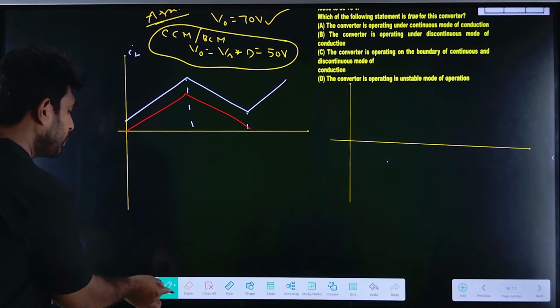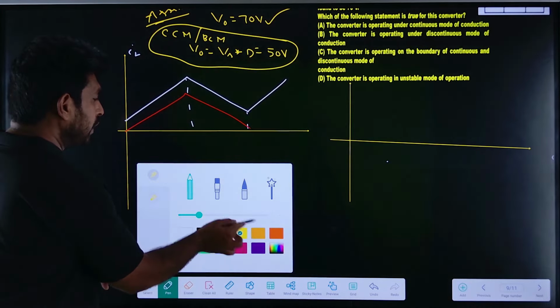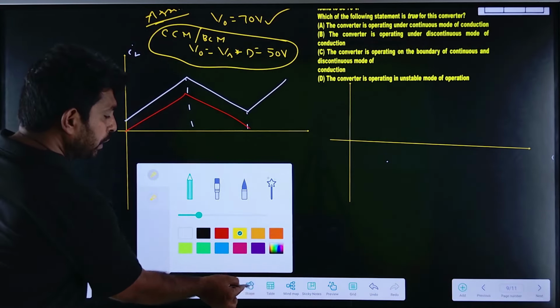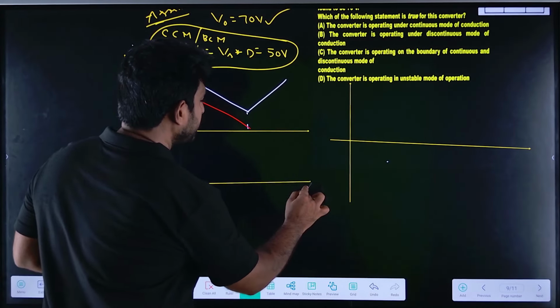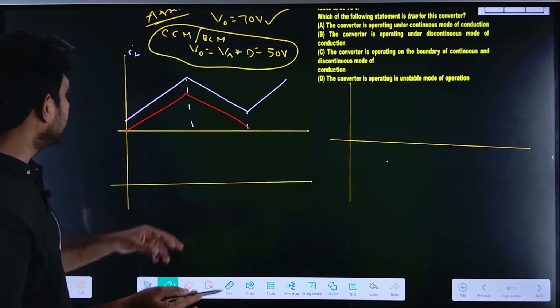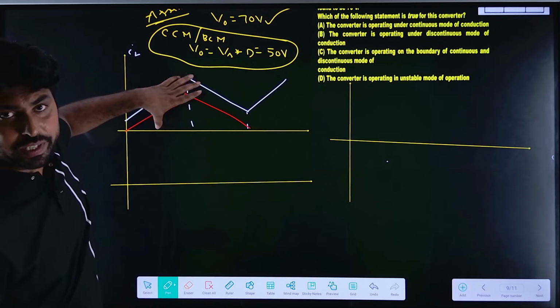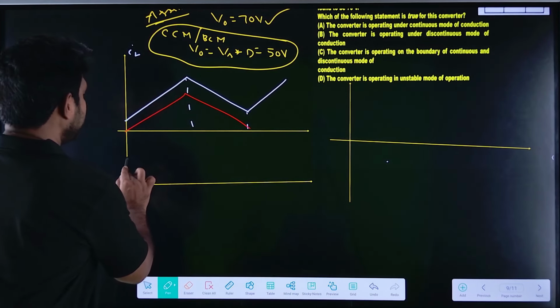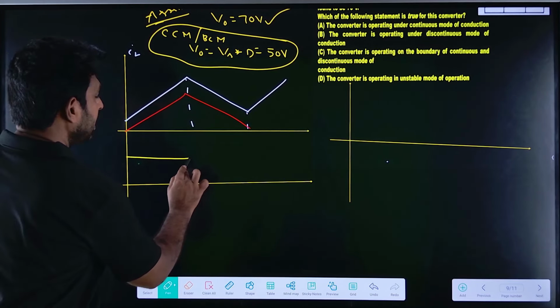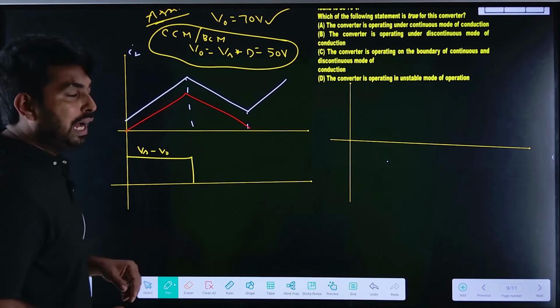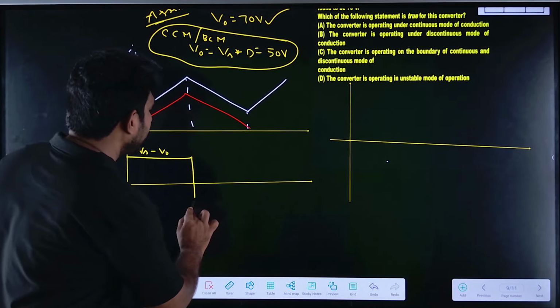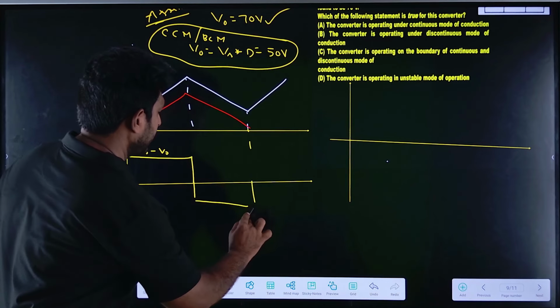If I draw the output voltage waveform, during the on time of the switch, the voltage is Vs minus V0. During the off time of the switch, it will be minus V0.